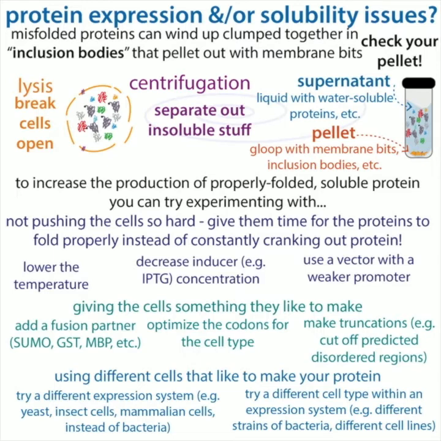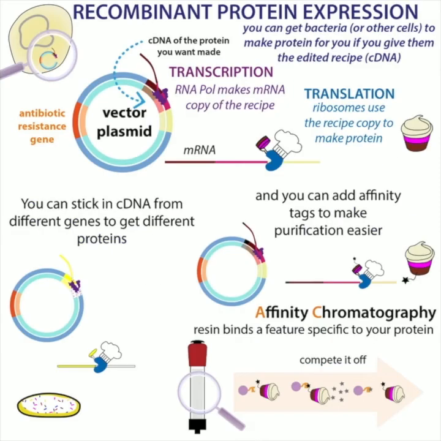Don't worry about all this text for now. We'll go through it. I just wanted to give you an overview of the type of things we're going to be talking about. I'm going to assume that you know some basics about recombinant protein expression. Recombinant means we recombine DNA, so we stick the genetic instructions for a protein of interest into a DNA vector, which serves as a vehicle for sticking that DNA into cells that will express the protein for us.